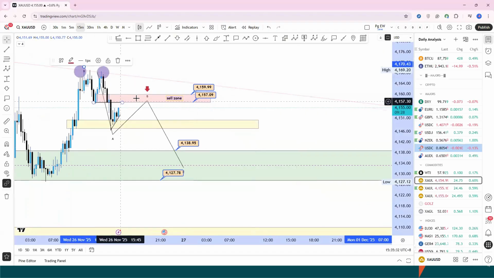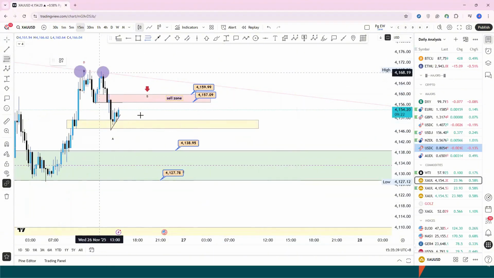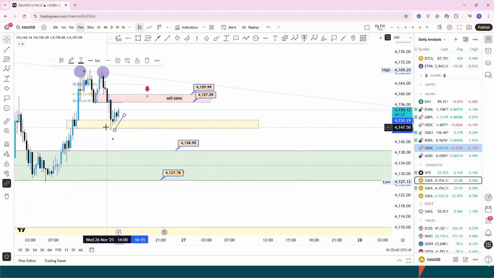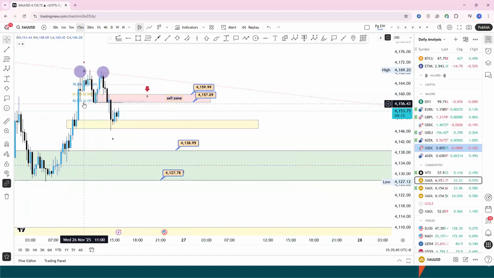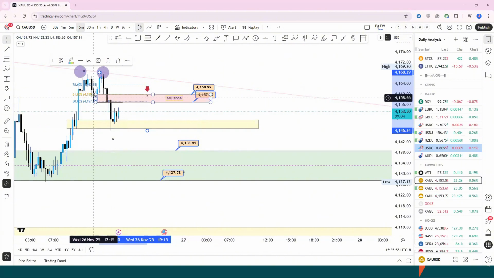Okay, let me use the Fibonacci. How many percent? 50 to 78.6. These zones, or actually the sell zone.